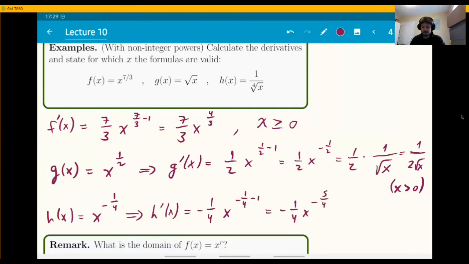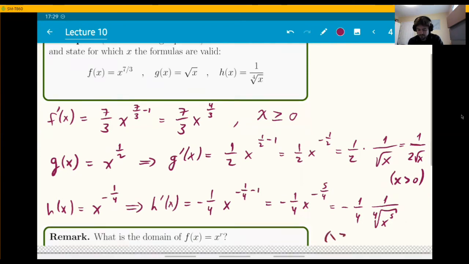Now there are many ways to write this expression. You could say, for example, minus 1 over 4 times 1 over the 4th root of x to the 5. But unless there's a reason to simplify it like this, you probably want to leave the answer in this primary form here. That's already enough. The domain is also x positive for the same reason as above.